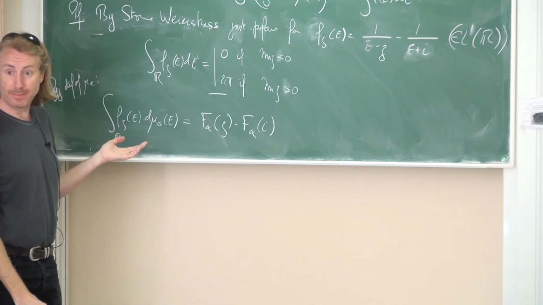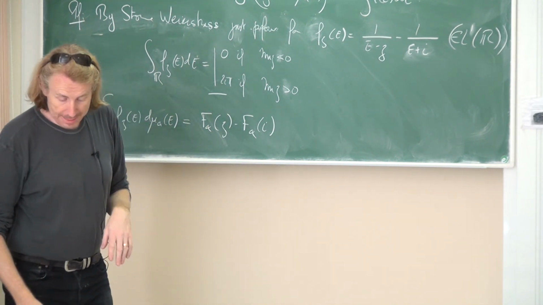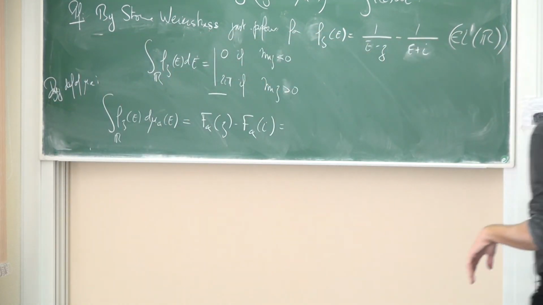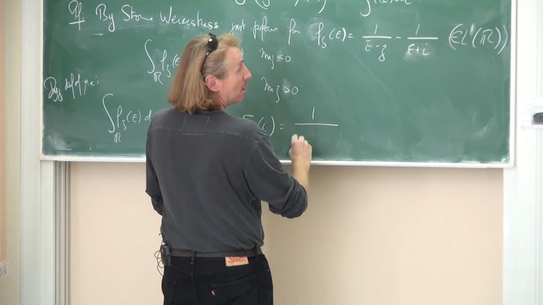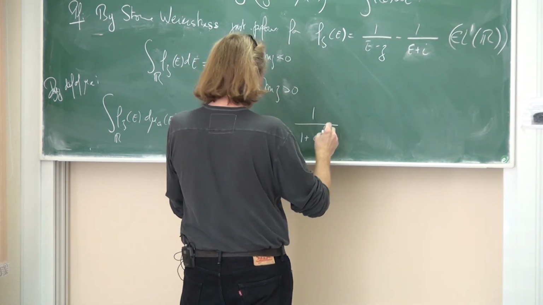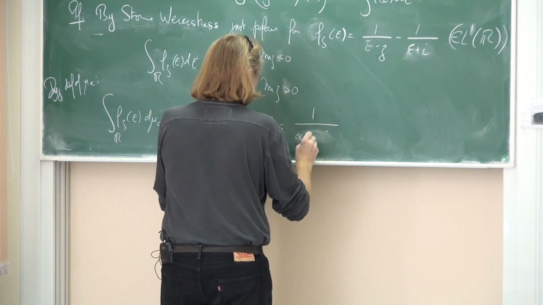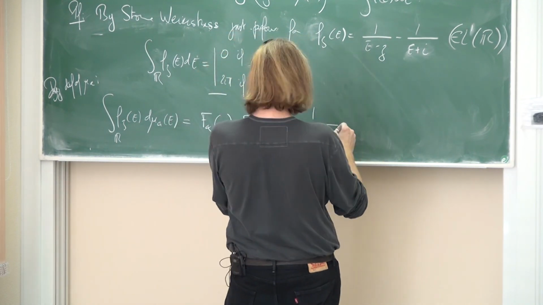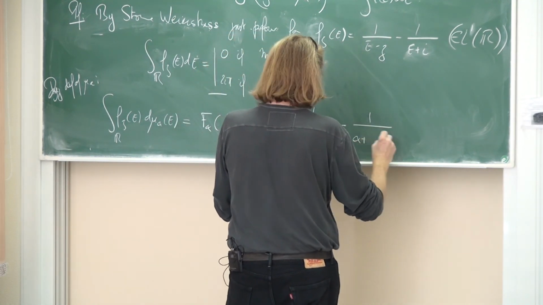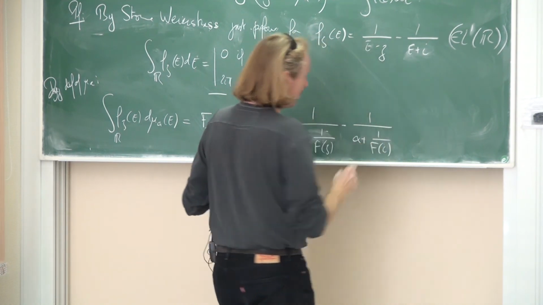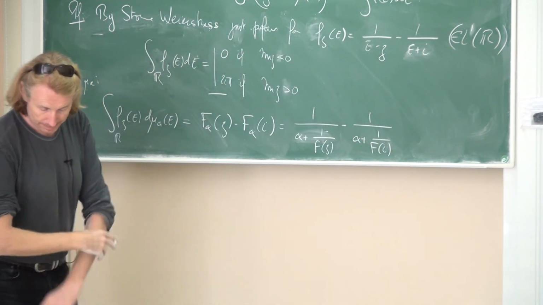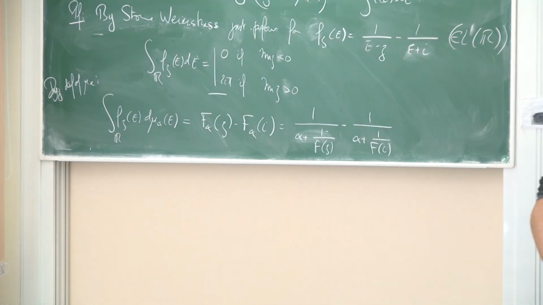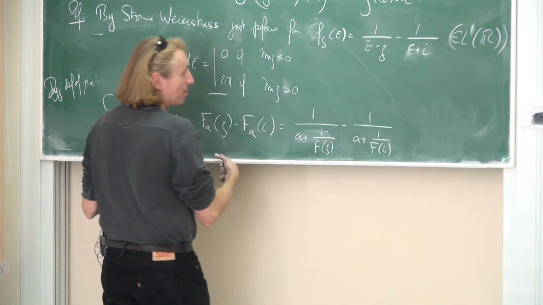It's just the spectral theorem. And now I can use the formula I had here. So this is 1 over, 1 over f of z minus alpha, minus 1 over f of I minus alpha. I just use this formula and divide the numerator and the denominator.